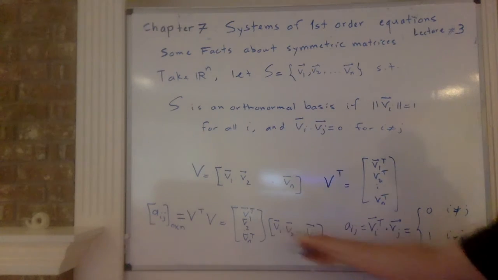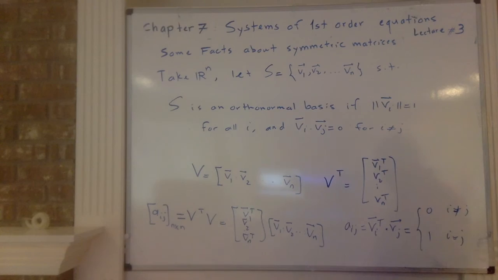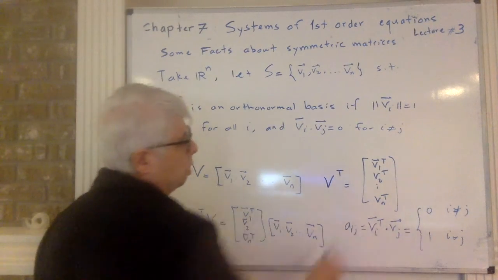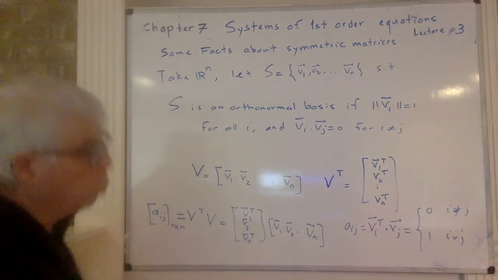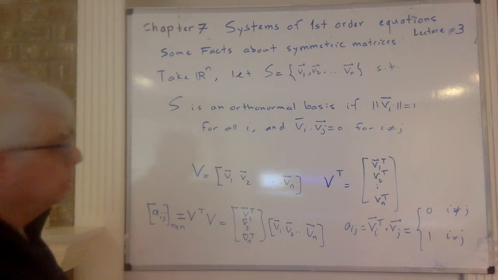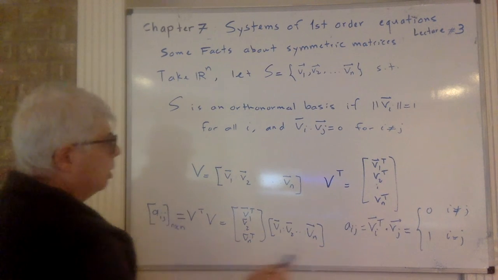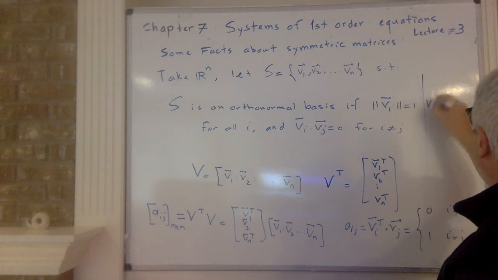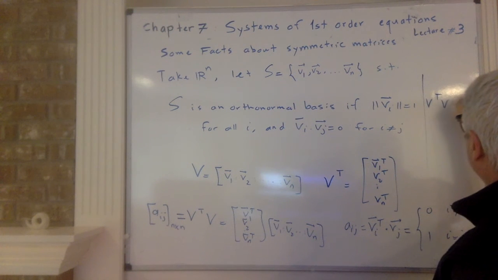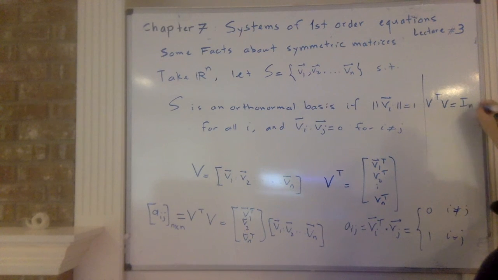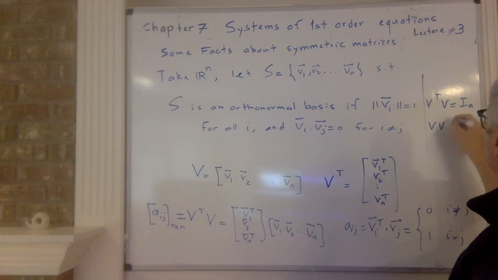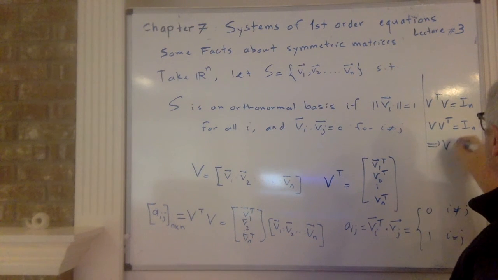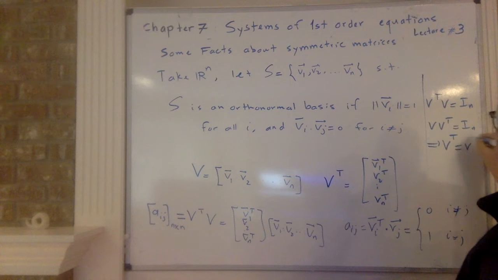Okay? So this matrix is simply In. It has 1s on the diagonal: the diagonal terms are 1, and off diagonal terms are 0. So V transpose V is In. Also, the same way, V V transpose is also In. So this tells me that V transpose equals V inverse.